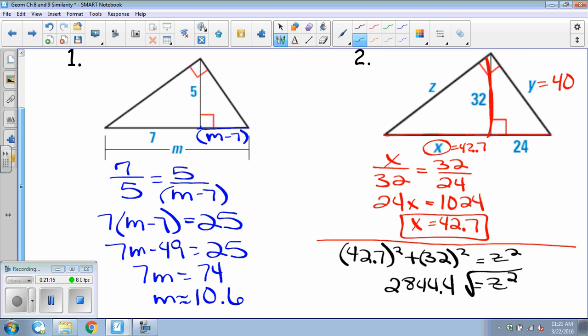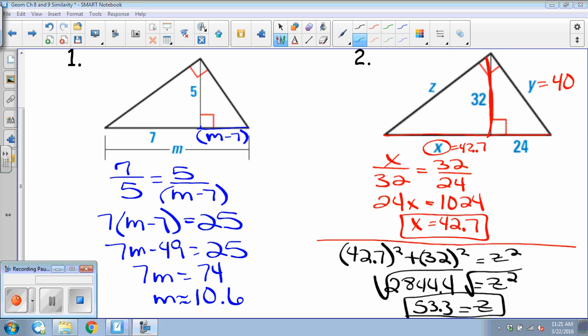And you take the square root of both sides. So z should approximately equal 53.3. Or if yours varies by a tenth of a point, a tenth or 2/10, it's okay. Okay? Should be close. All right? Any questions?